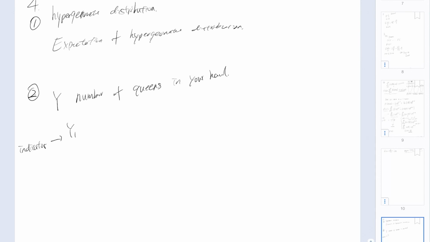It is 0 if the first card is not a queen, and 1 if the first card is a queen. So it can only be 0 or 1. This is a random variable.